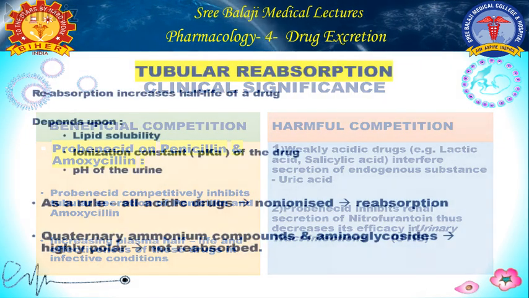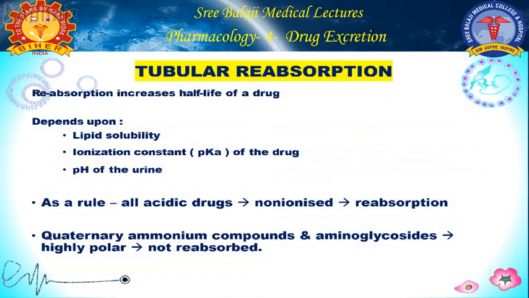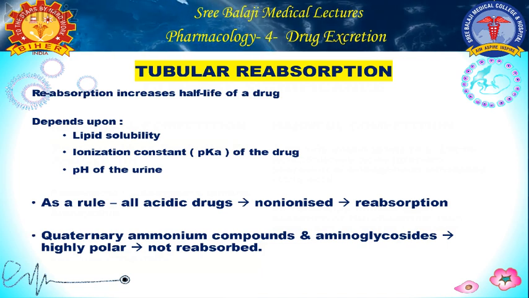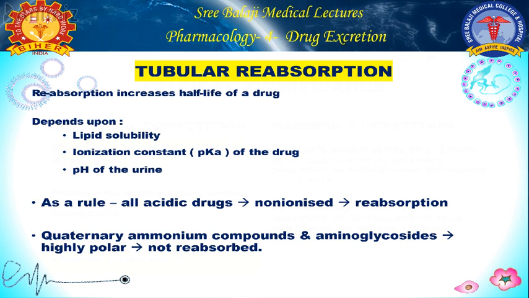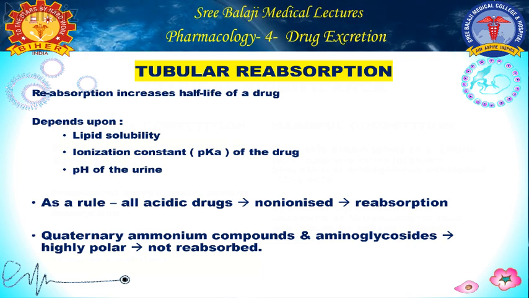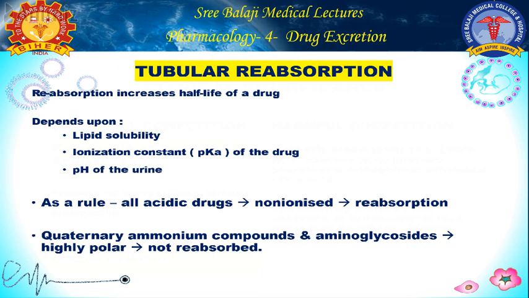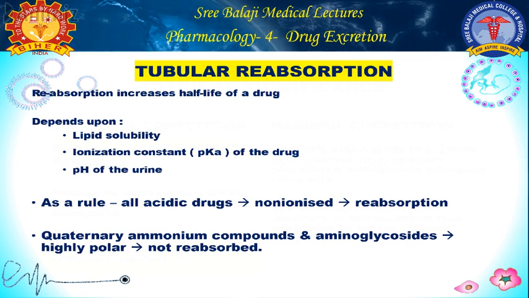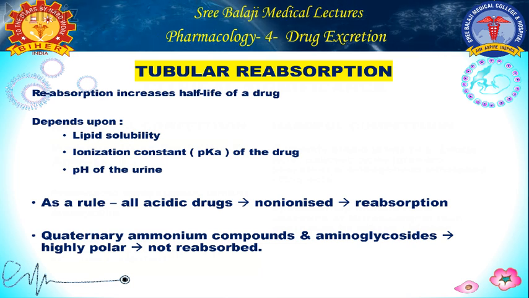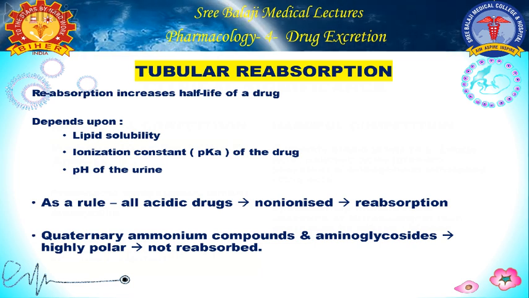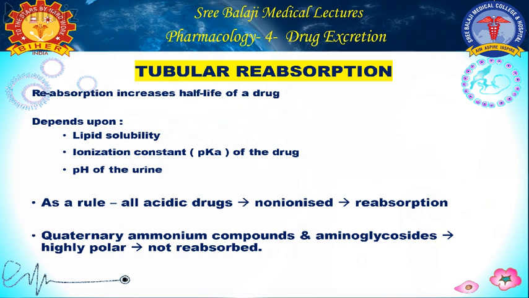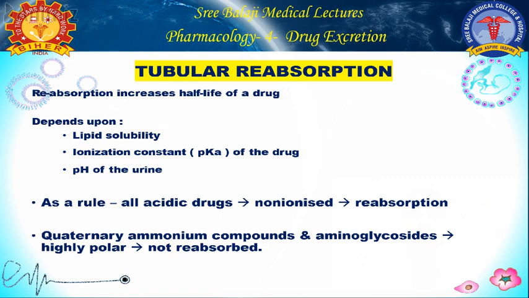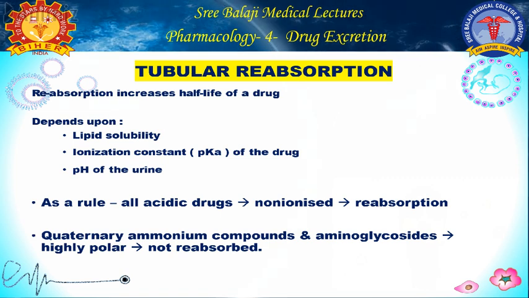Coming to tubular reabsorption. Reabsorption generally is a process where the body conserves nutrients like sugar and electrolytes. It generally happens passively in the distal nephron, and this reabsorption depends on lipid solubility and the ionization constant of the drug, that is pKa. pKa is the pH at which 50% of the drug will be ionized and 50% will be unionized.